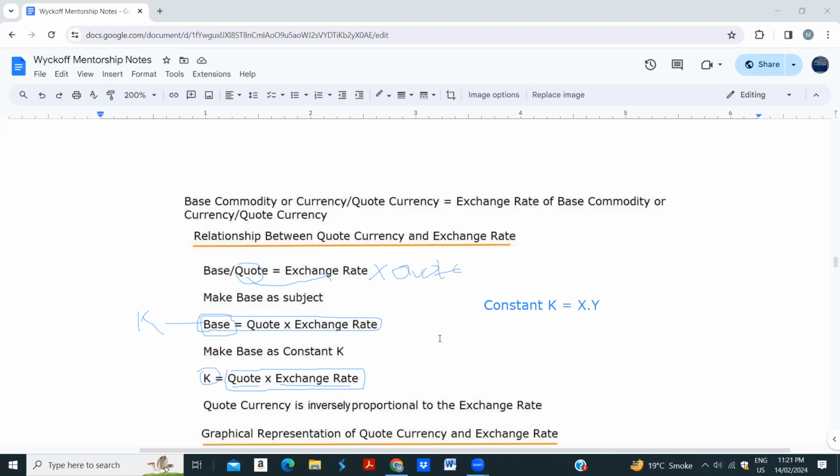So x is the quote and exchange rate is y. So we can say that the quote currency is inversely proportional to the exchange rate. All right.